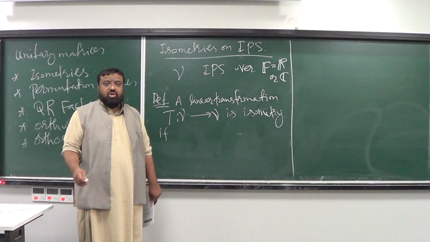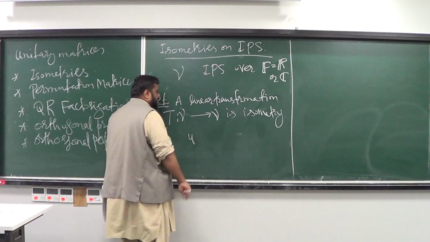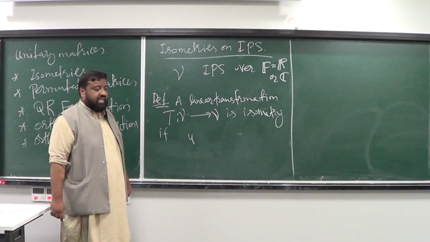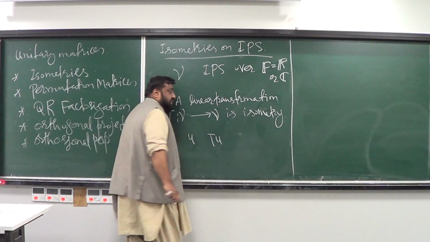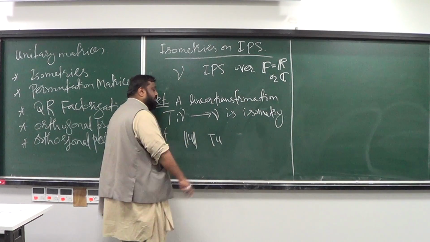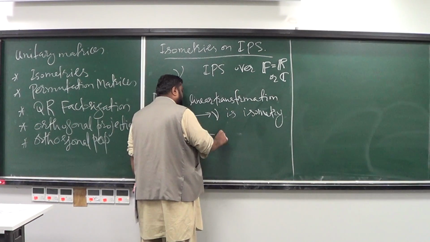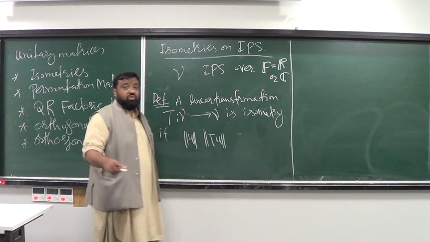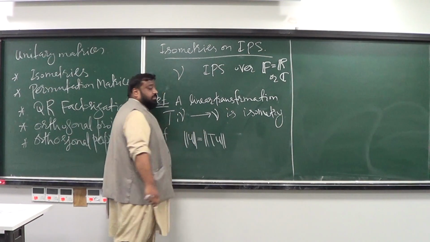What do we mean by a size preserving map? Consider a vector u from V, calligraphic V, and transform it under this transformation. You compute the size of u by computing the norm of it, and you compute the size of the transformed vector, Tu. It turns out their sizes are equal.